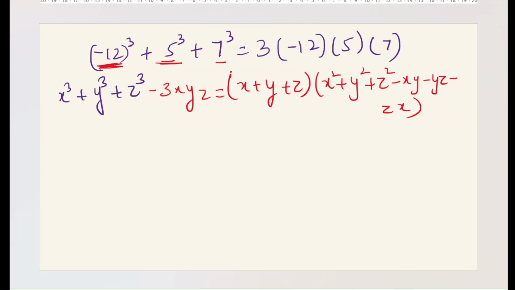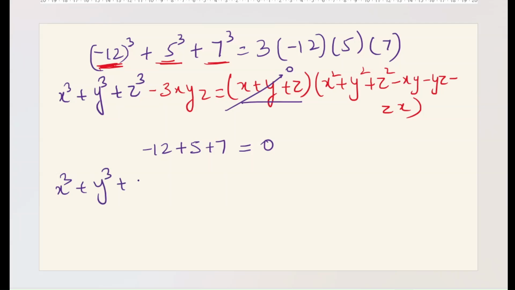So now you see here, what is the question? Minus 12 cube plus 5 cube plus 7 cube. Now if I write minus 12 plus 5 plus 7, that means x plus y plus z. What is the answer here? Okay. Now if x plus y plus z becomes 0, so this whole expression is equals to 0. So x cube plus y cube plus z cube minus 3xyz is equals to 0, because 0 into something is again 0.